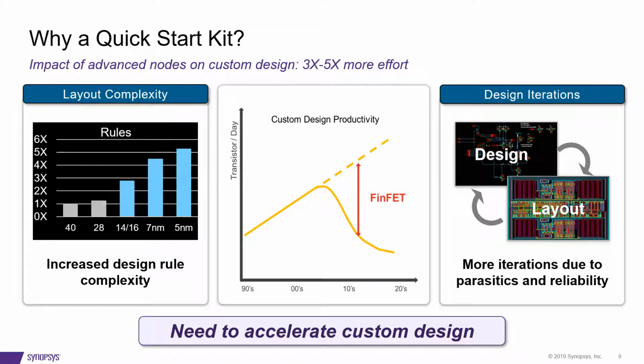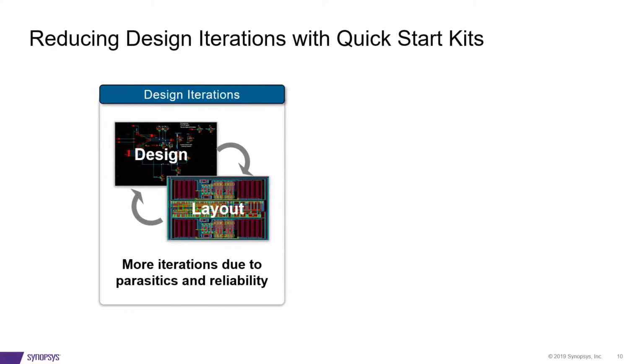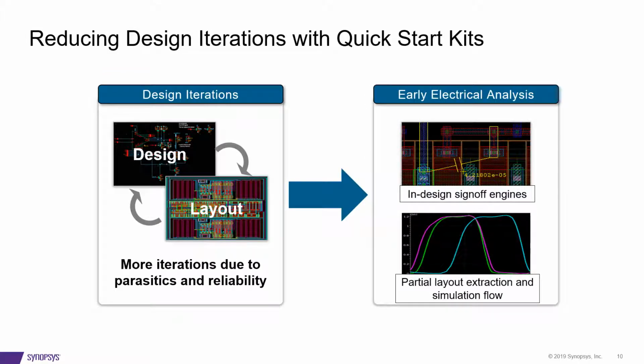So far, we saw how QSK helps in reducing design rule complexity for layout generation. Now, let me talk about how QSK helps with reducing design iterations. The answer to increase design iterations due to parasitics and reliability is to perform early electrical analysis.